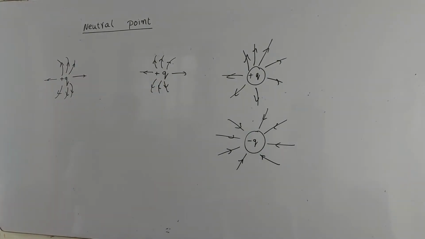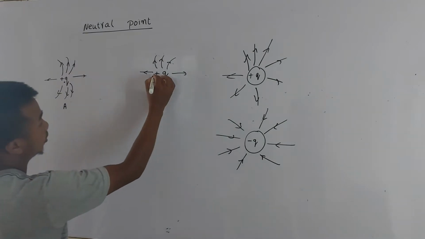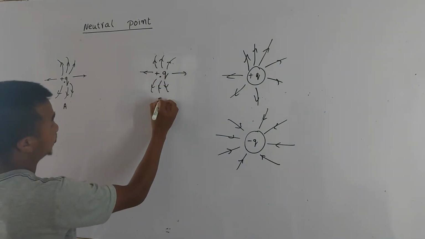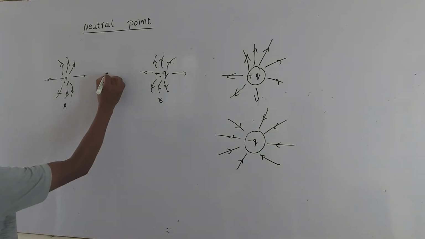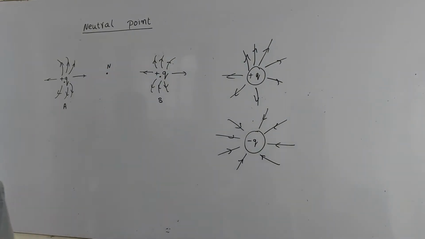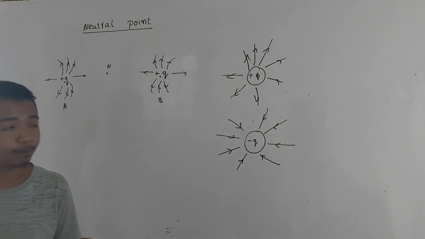Midway between plus Q at A and plus Q at B, there exists one point, say N. If we place a test charge at this point, it will not experience any force.